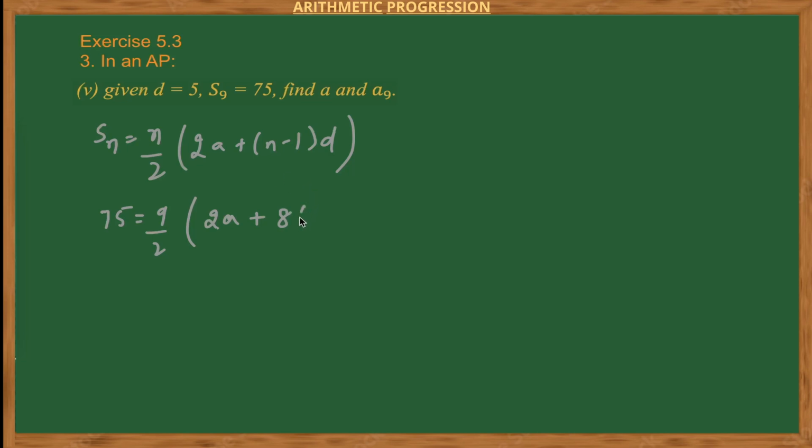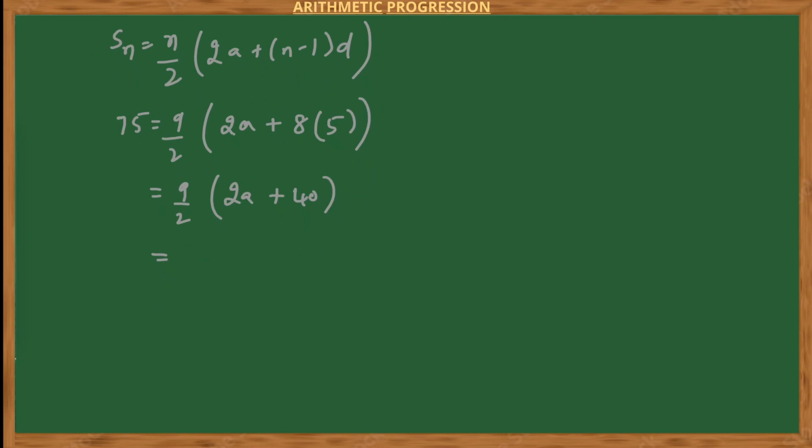D is given as 5. So let's see, n by 2, 2a plus 8 5s are 40. Okay, so let's move forward.